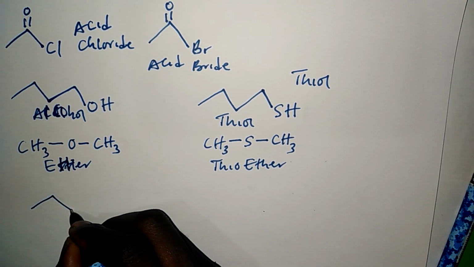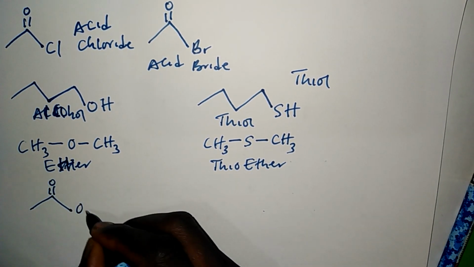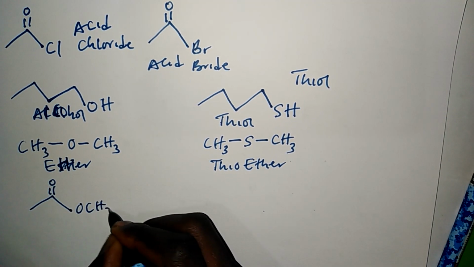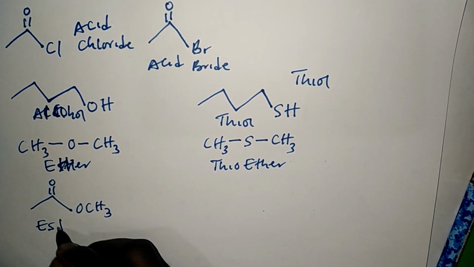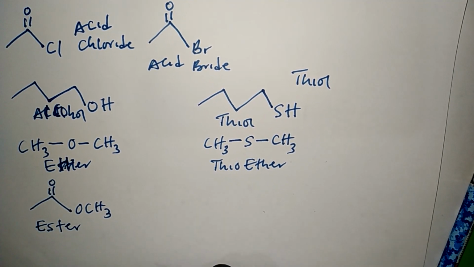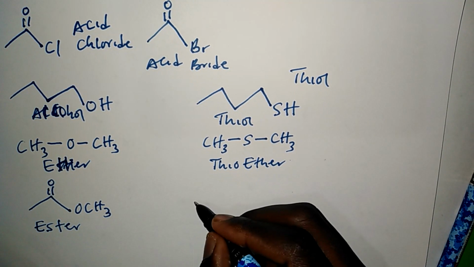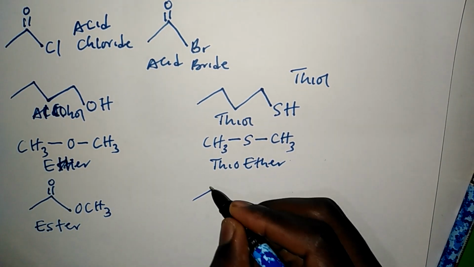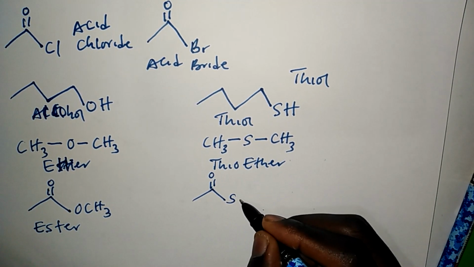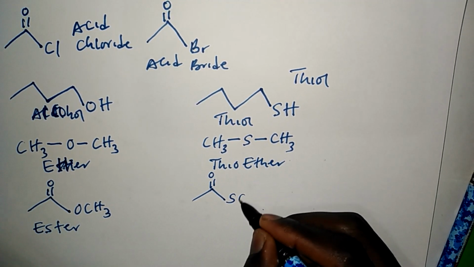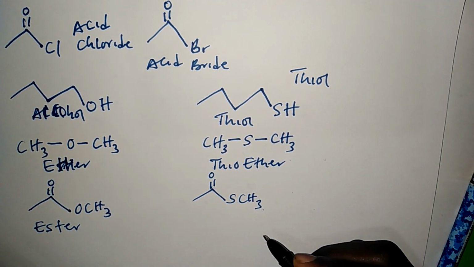Now let's take another example. Let's take an instance of an ester. We have an ester like this. Now, what if you replaced one of the oxygens, this particular one, with a sulfur?